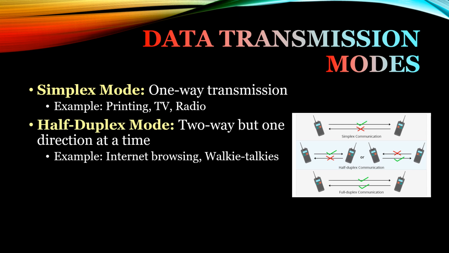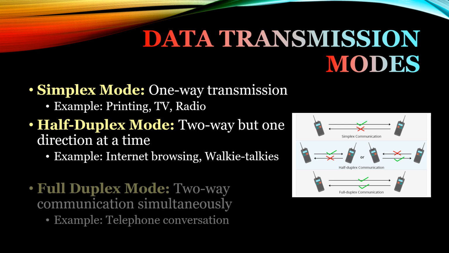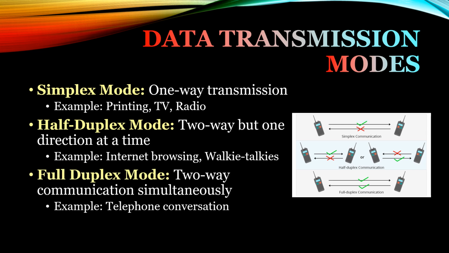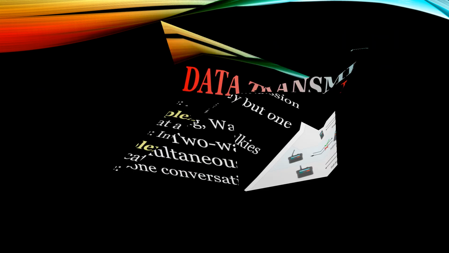The second is half duplex mode, where data can travel in both directions but only one direction at a time, like when browsing the internet or using a walkie-talkie. Finally, there is full duplex mode, where data is transmitted in both directions simultaneously. A good example of this is a telephone conversation.